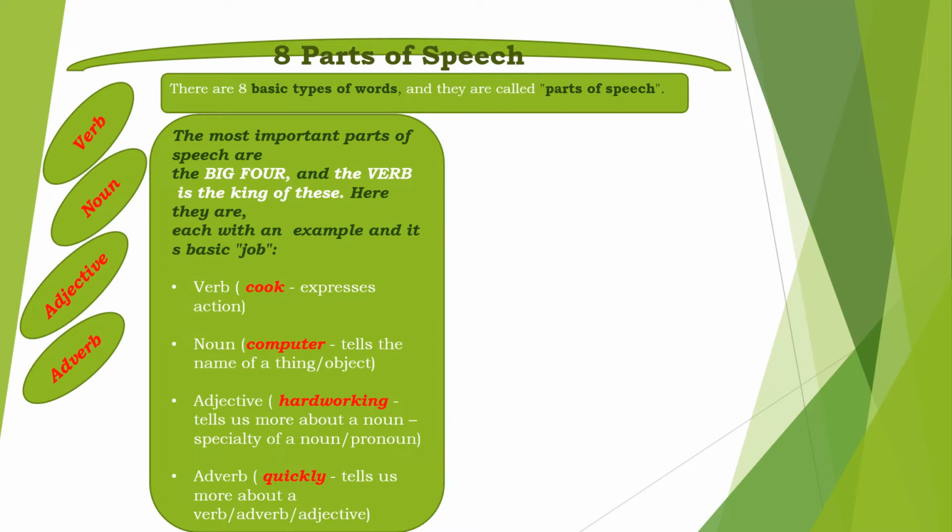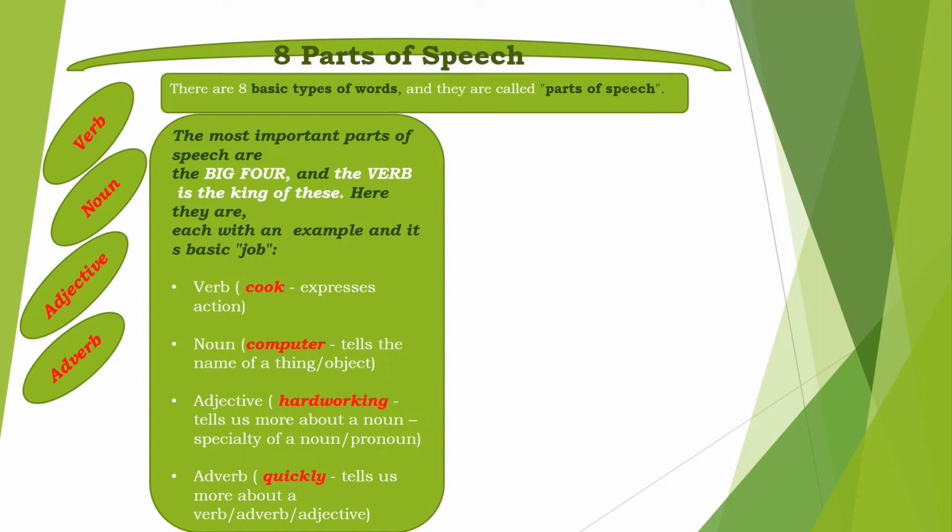Number 4, adverb, quickly. So adverb tells us about a verb, adverb, and an adjective. For example, he ran quickly. So in this example, the word quickly is telling us the speciality about the verb ran.